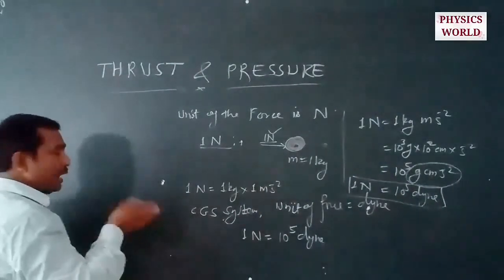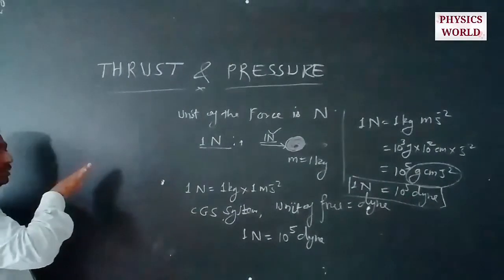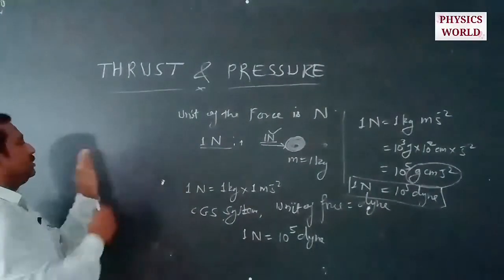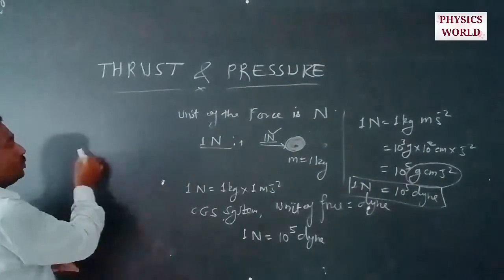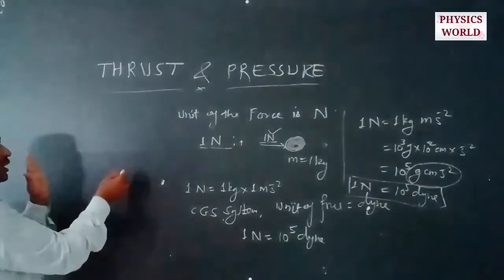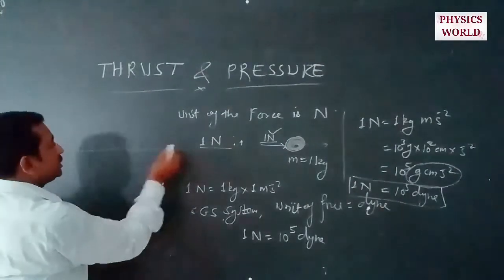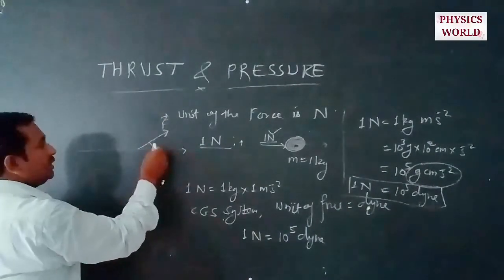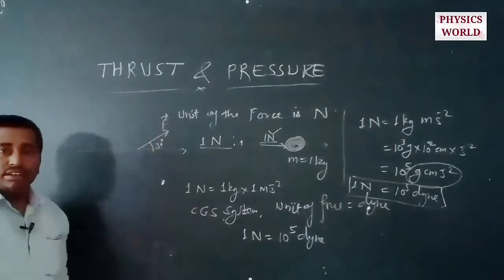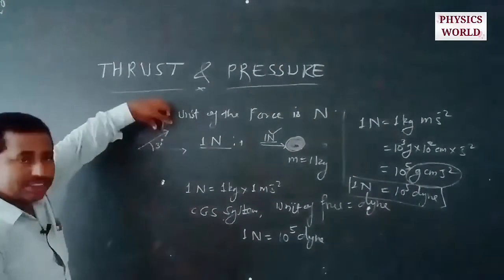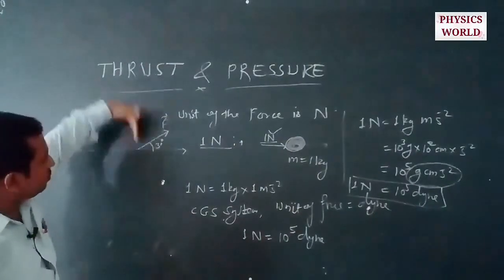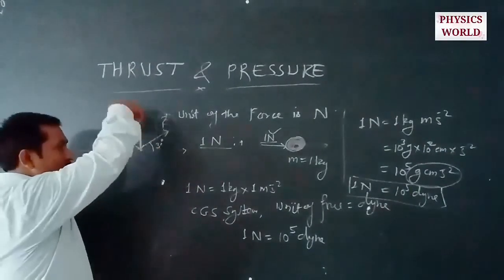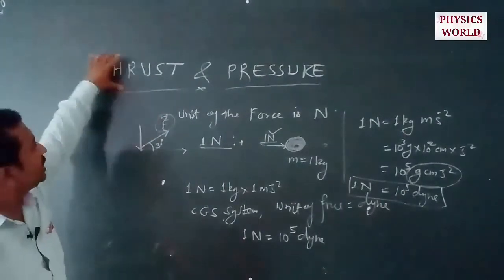But if we apply a force of 5 Newtons along this direction, which makes a particular angle with the plane of the board, say the angle between the force and the plane is 30 degrees, then the component of this force acting perpendicular to the plane of the surface is treated as thrust.